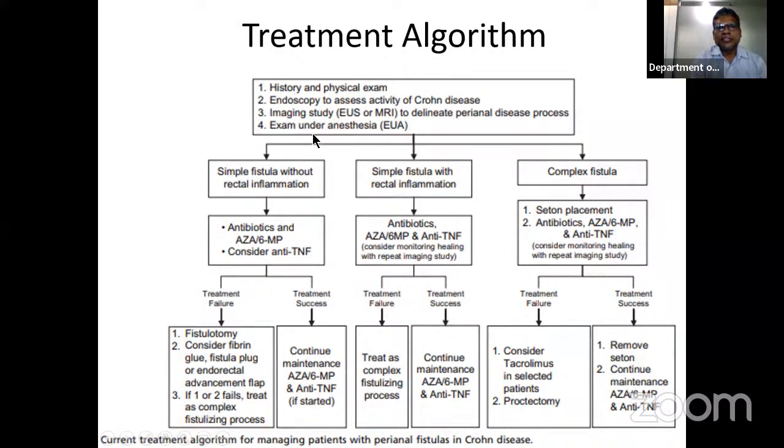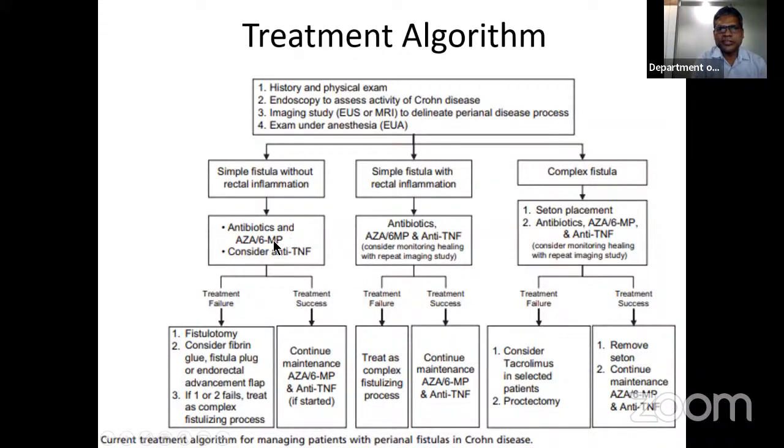After evaluating with these four modalities, if the fistula is simple and without rectal inflammation, then one can start antibiotics and azathioprine. One can consider anti-TNF at the same time as a top-down approach.